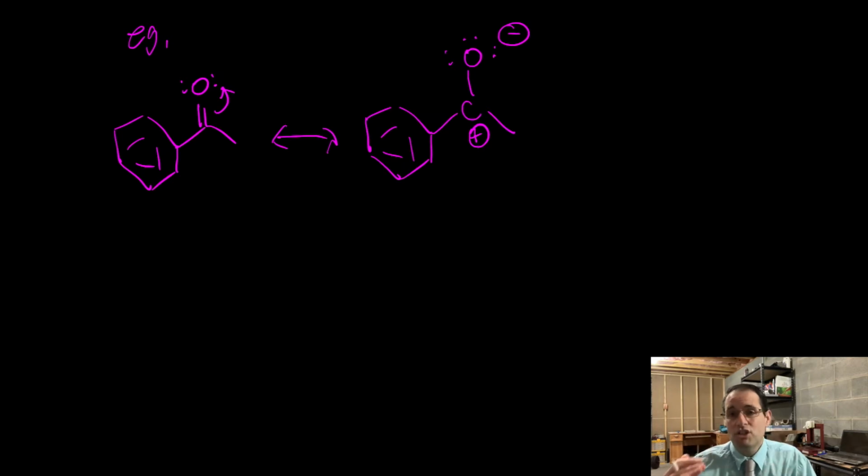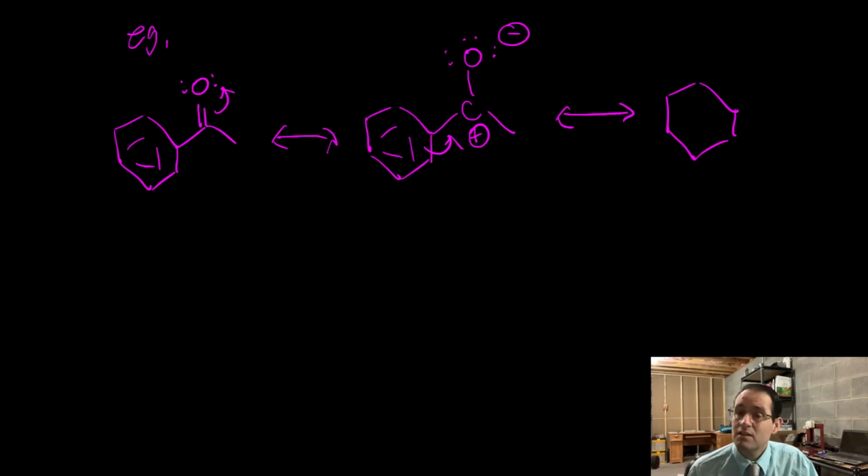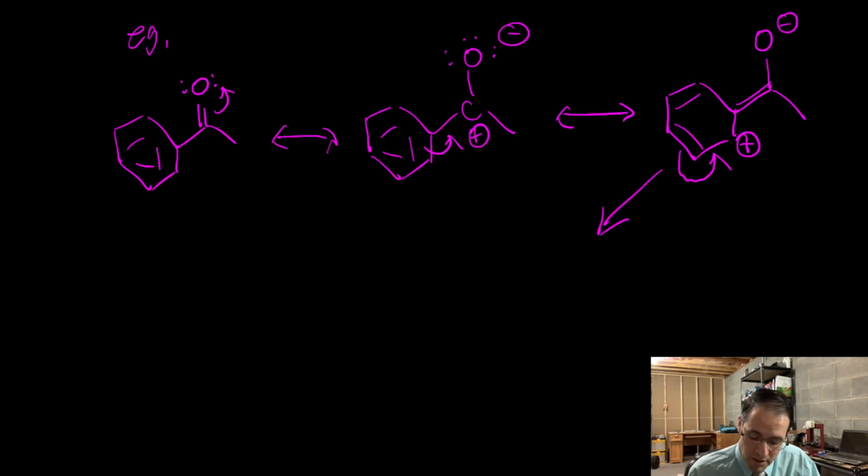But that positive charge is right next door to the benzene ring, right? So we can draw additional resonance structures that delocalize that not so good positive charge all around the ring in different carbons, okay? So one of the places you can delocalize it is to the ortho carbon. We can also delocalize again to the para carbon.